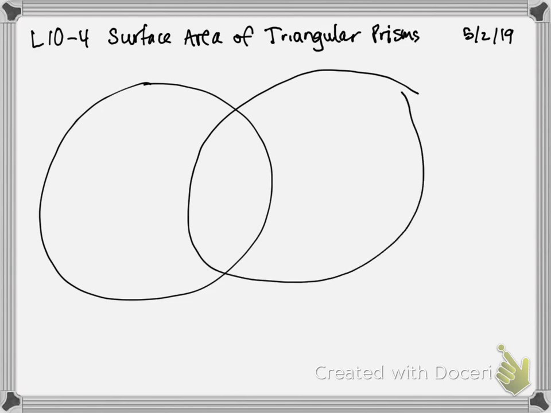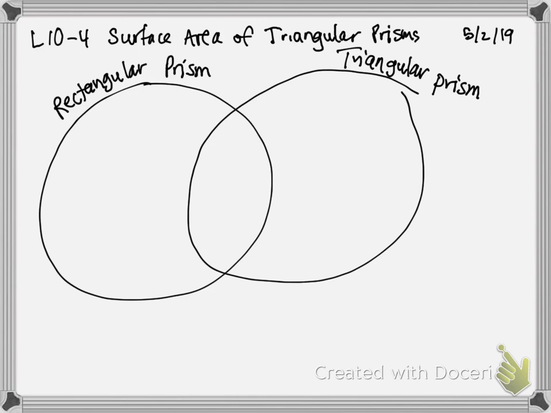So these are going to be your rectangular prism on the left, and a triangular prism on the right. Now we're going to add a couple things in each of the categories. So if you're doing this on your paper, make this about half of the page, maybe. Okay, we'll see how it goes.